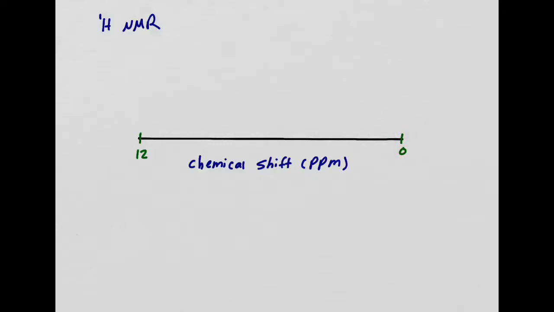That's a reference peak, and the reference that we use is TMS, tetramethylsilane. So we measure the TMS and we say, okay, we're going to set the TMS to be 0. So all the peaks are relative to the reference peak. I'm going to set this TMS proton to be 0.